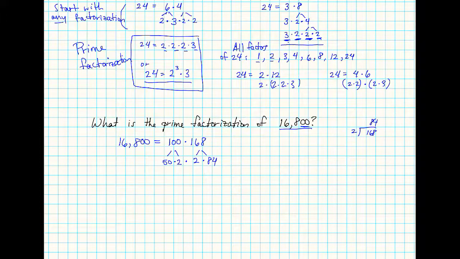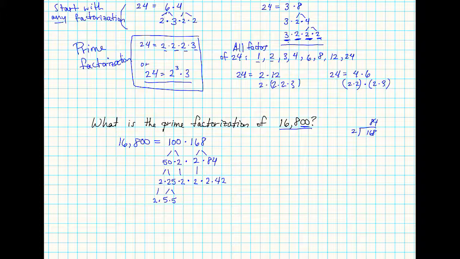Okay, 50 I know is 2 times 25. We still have this times 2. We still have this times 2. And 84 is divisible by 2. That's going to be 2 times 42. Okay, then we have this 2. 25 is 5 times 5.